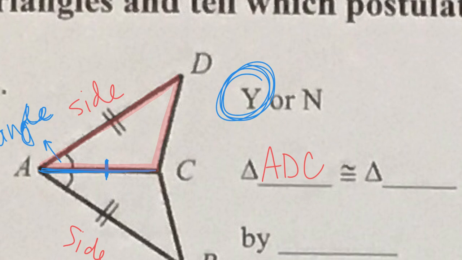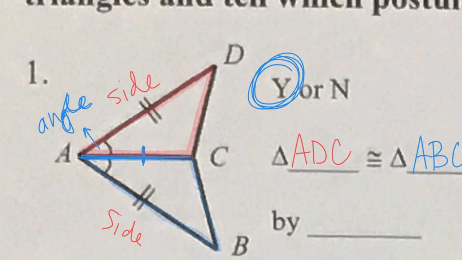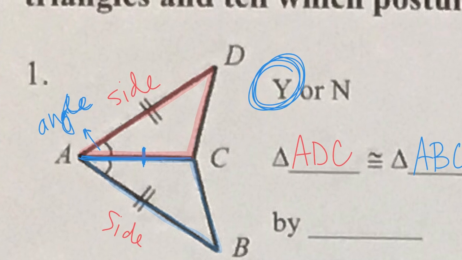So if that's triangle ADC, what are the letters of my corresponding angles down here on the bottom triangle? A and then B and then C. If your triangles share some points, then your congruence statement will also share some letters. Looking at our picture, what things are marked and in what order?